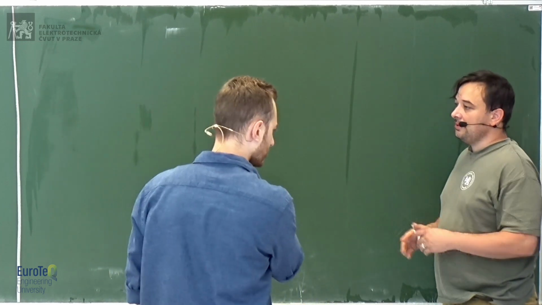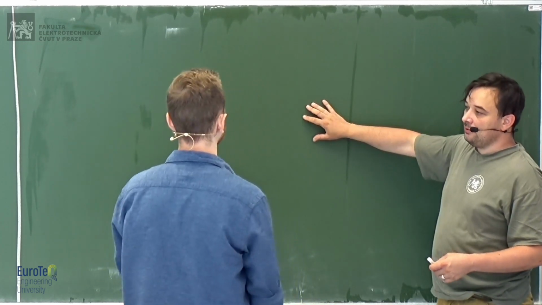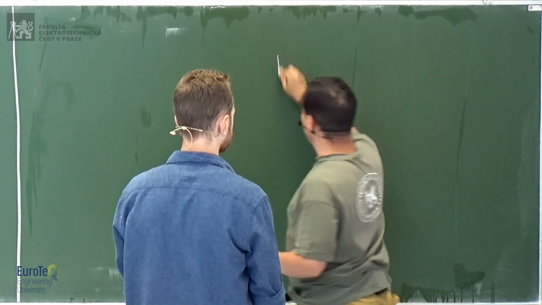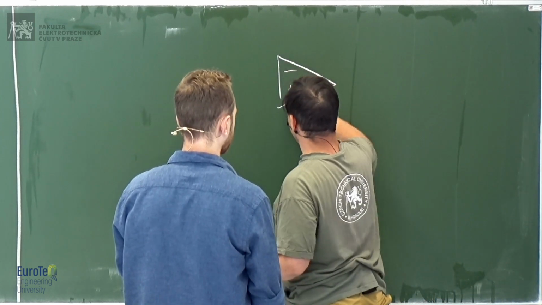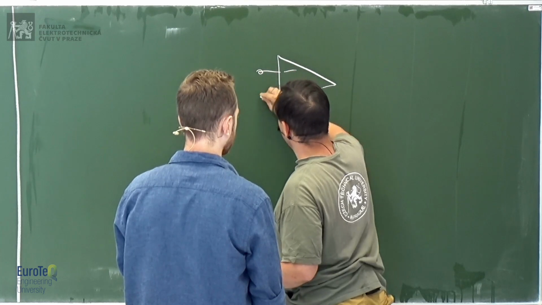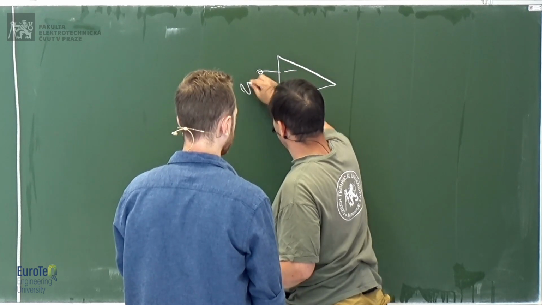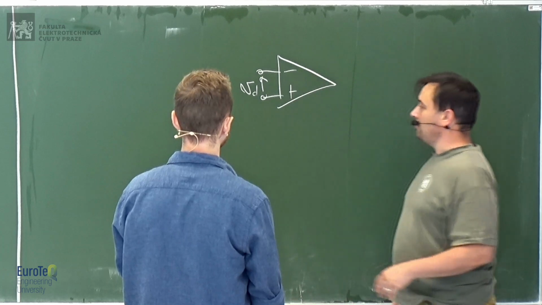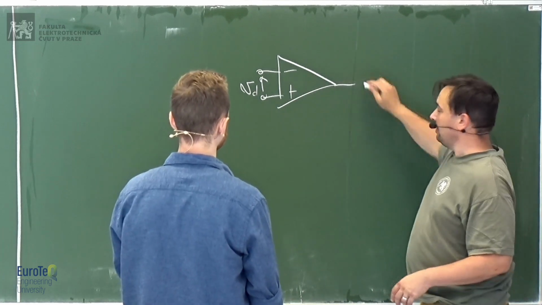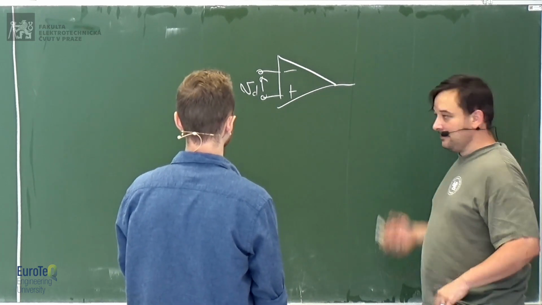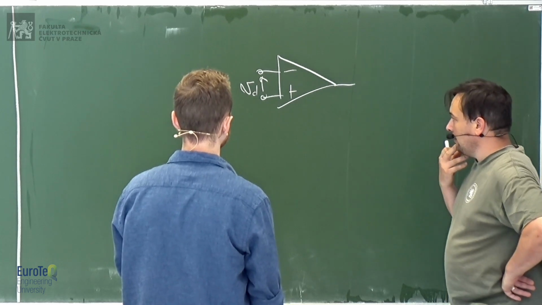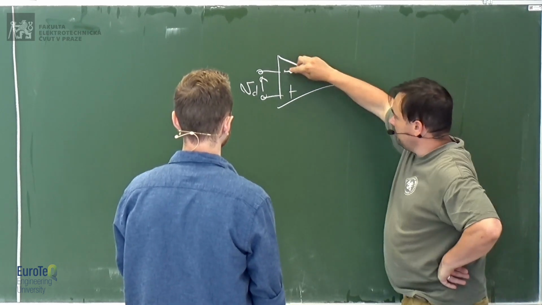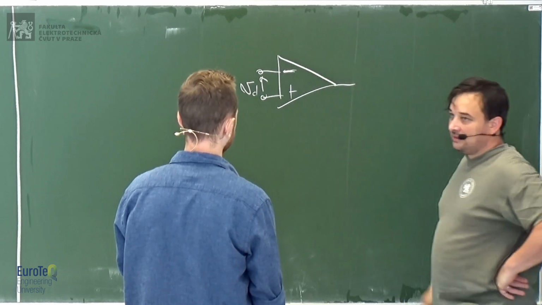And it does so because it measures the difference of the voltage between the positive and the negative input. If this voltage is not 0 but positive, it will increase the output voltage and vice versa, okay? And that's why you have the negative here, because we want negative feedback.